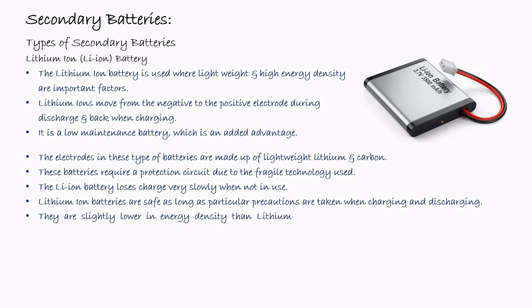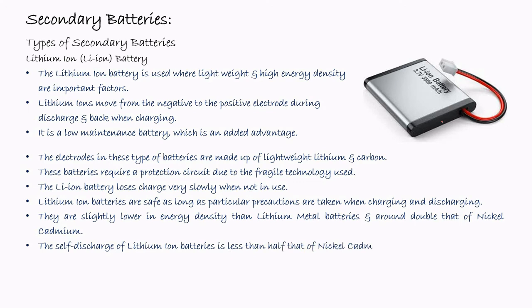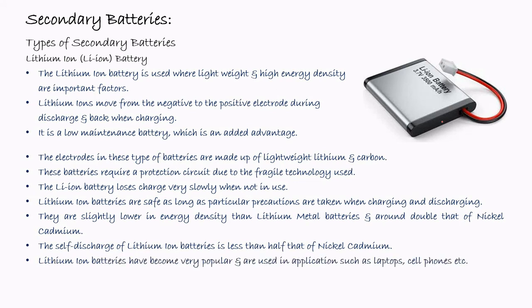They are slightly lower in energy density than lithium metal batteries and around double that of nickel cadmium. The self discharge of lithium ion battery is less than half that of nickel cadmium. And lithium ion batteries have become very popular and are used in applications such as laptops, cell phones, etc.